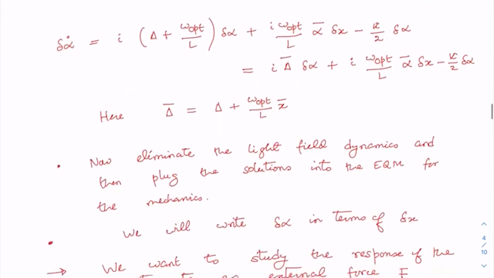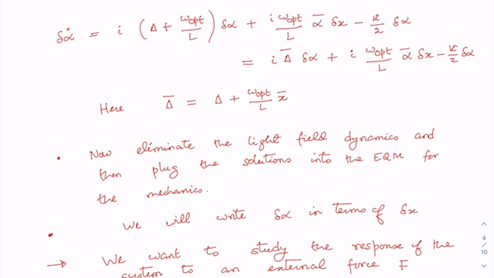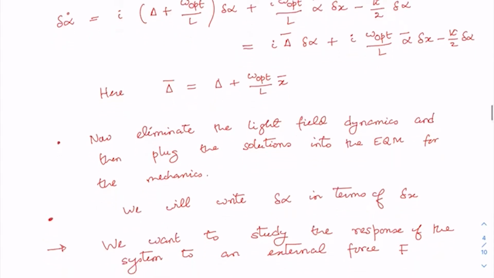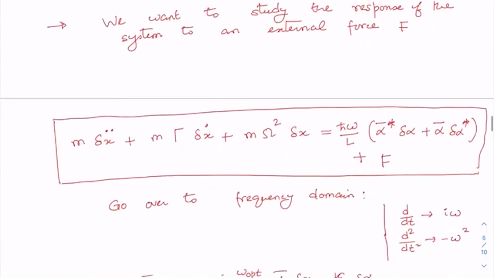And we analyzed it, and the idea was to eliminate the light field dynamics and then plug the solutions into the equation of motion for the mechanics. And we have done that.